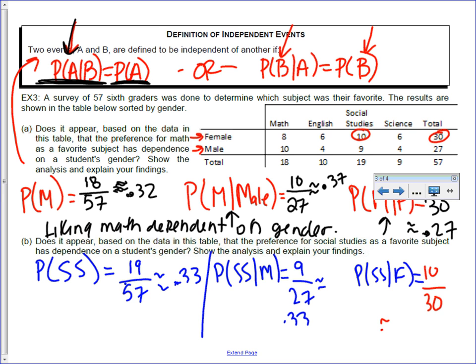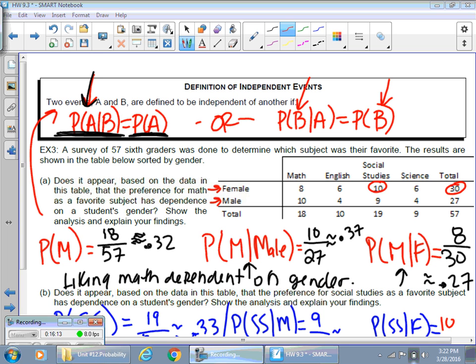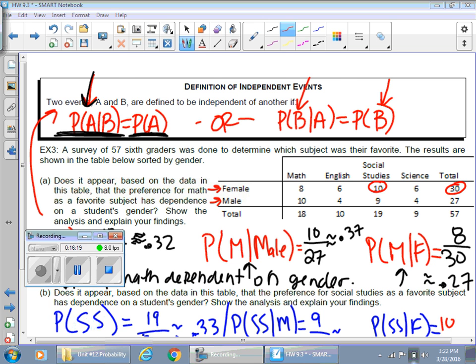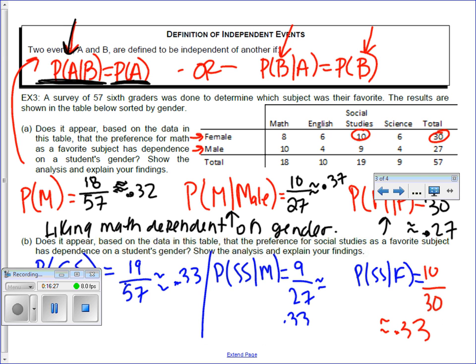So 10 out of 30 is approximately 0.33. So if you notice, all of them are the same.